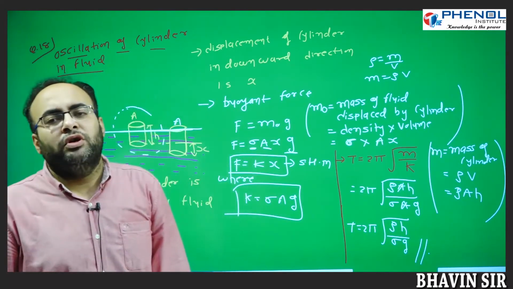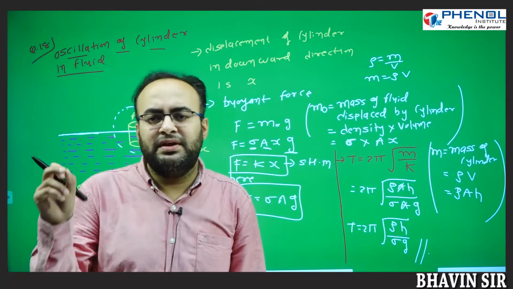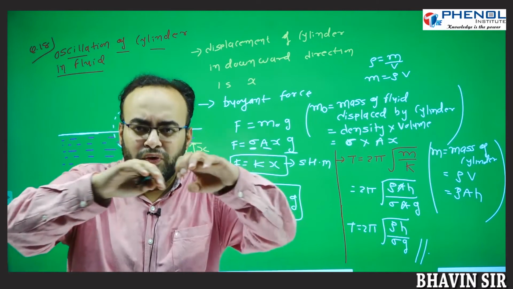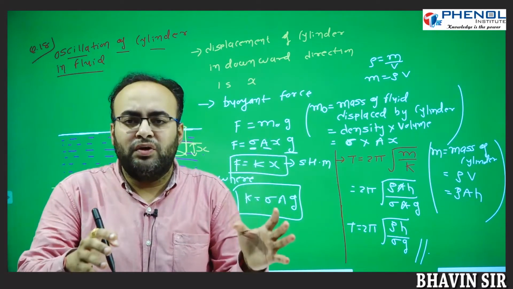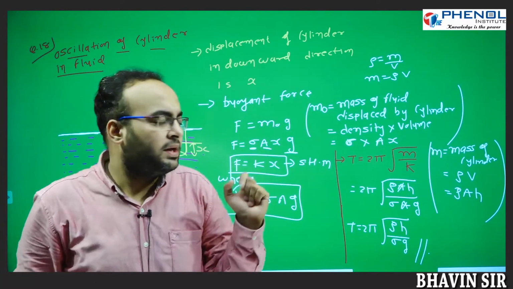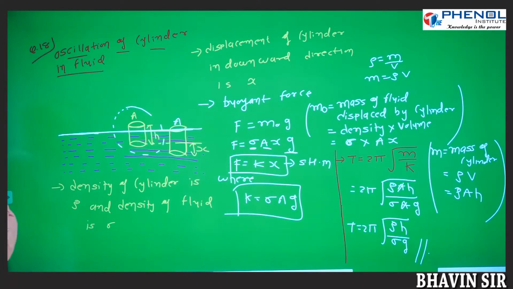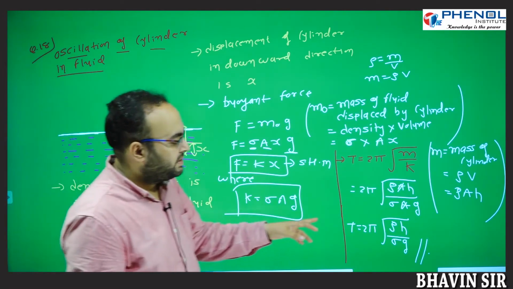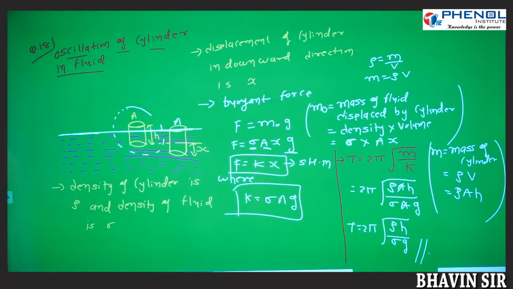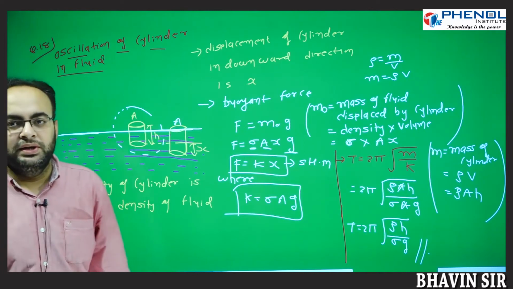And in buoyant force, always consider the density of fluid, because fluid is displaced and the volume of displaced fluid is same as the volume of object. Okay, so this is the oscillation of cylinder in a fluid. Remember this formula, students. T is equal to 2 pi under root rho h upon sigma g.